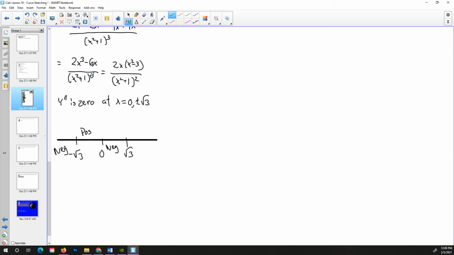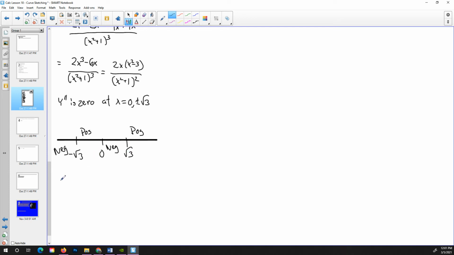And then if I plug in 10, 10 will make this positive 1,000 minus 60. So it's still going to be very much positive in the numerator, positive in the denominator. So it's going to be positive here. So it's going to change from concave down to concave up to concave down to concave up over those intervals.